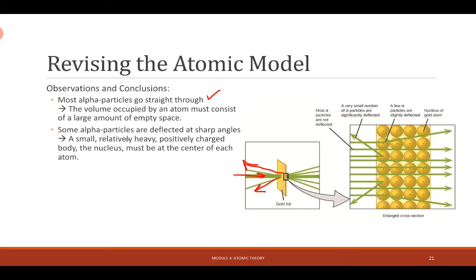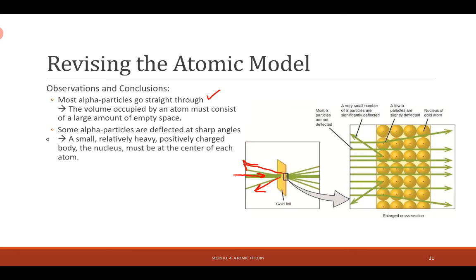He knew that these were positively charged, and the only thing that could repel a positive charge is another positive charge. And so he concluded that all of the positive charge for an atom must be in the center of the atom. That way it would be massive enough to cause the alpha particles to pretty much bounce straight backwards.